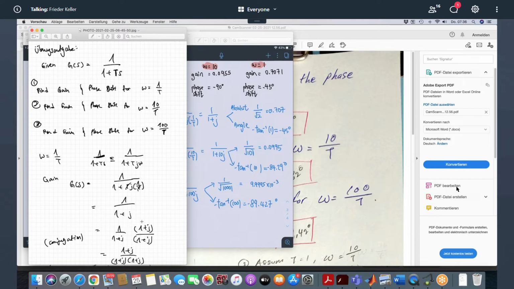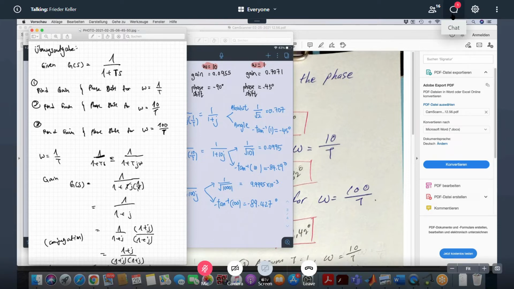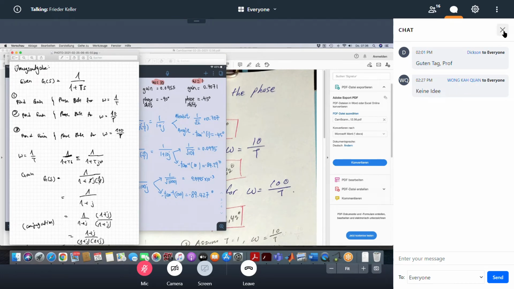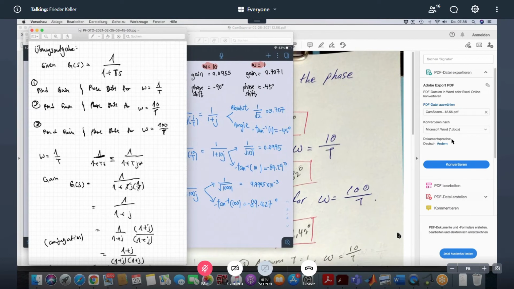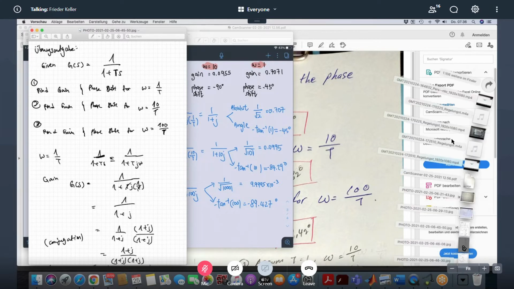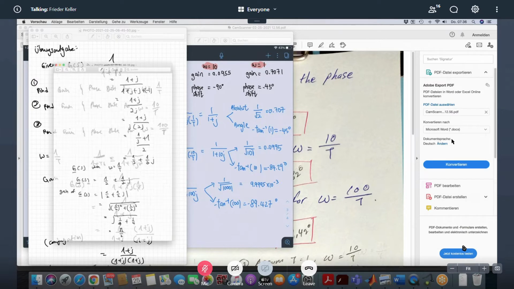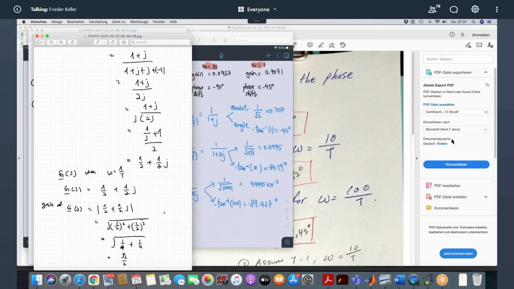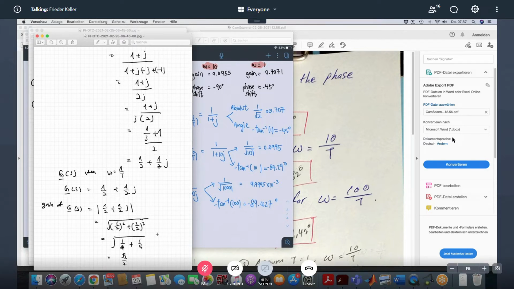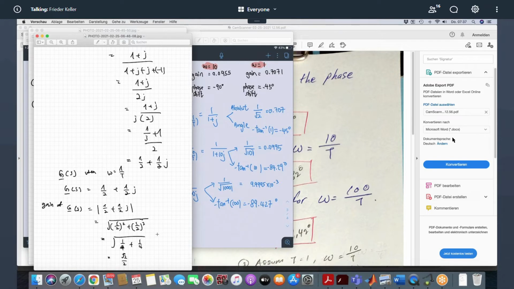But I would not do it like that, to make the conjugate complex here to make the denominator purely real. Of course, it's an often used technique. However, it's time-consuming to do that. It's easier to just take the absolute value of the numerator divided by the absolute value of the denominator, and for the angle, just subtract the angle of the denominator from the angle of the numerator.